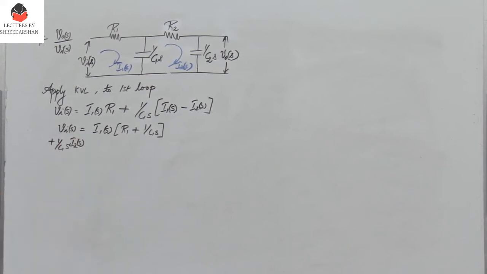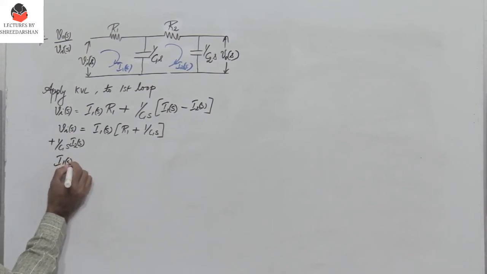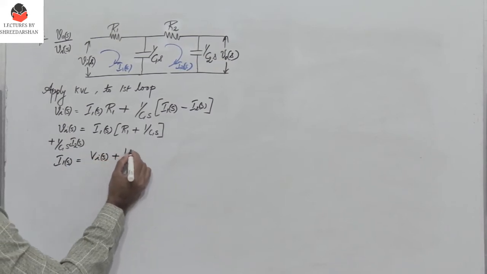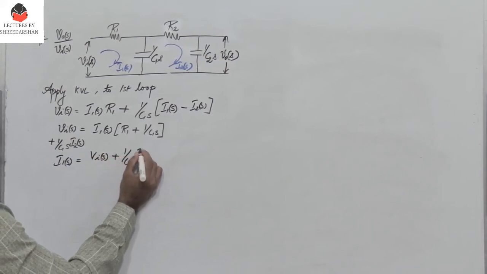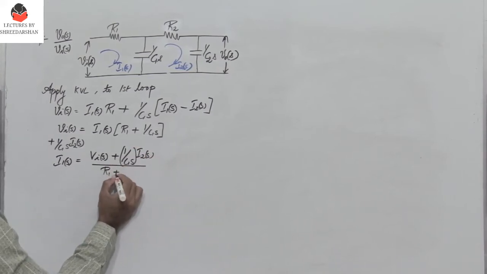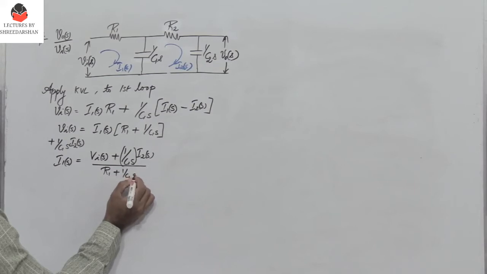So I basically have I1 of s equal to Vi of s plus 1 by C1s into I2 of s, divided by this expression, which is R1 plus 1 by C1s.